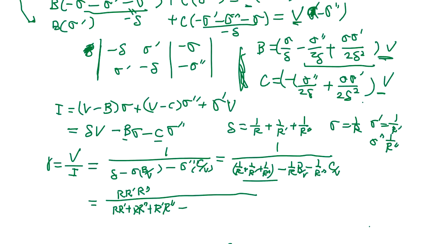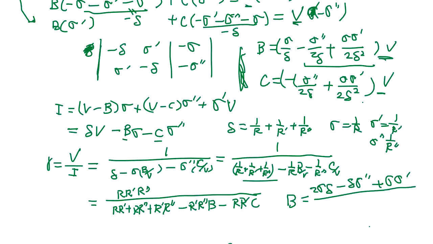And then multiply R prime, R double prime B minus R prime C. And let's see what happened to the B and C. B, sigma delta 2 minus delta sigma double prime plus sigma, it's going to be 2 this, right?